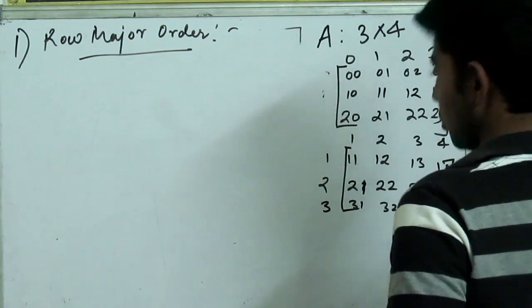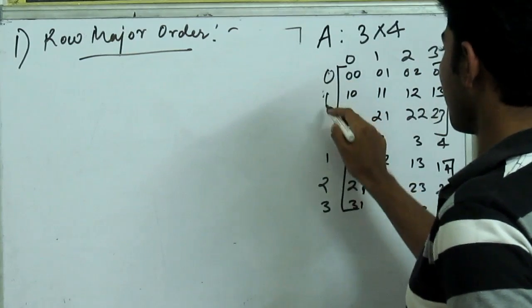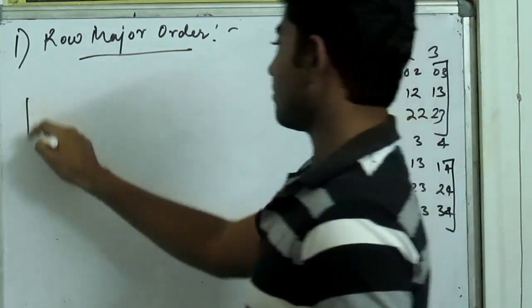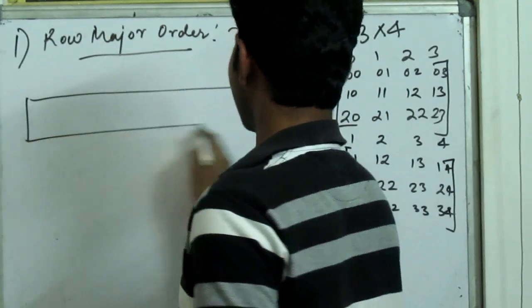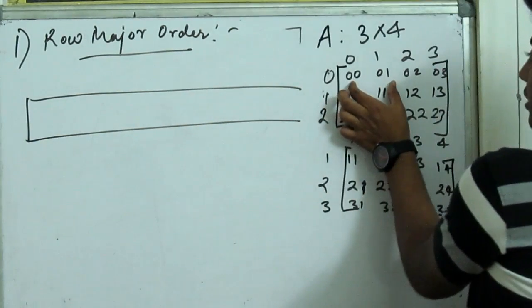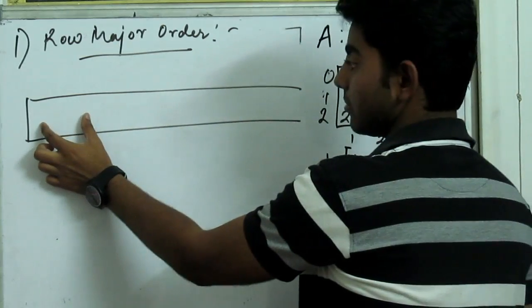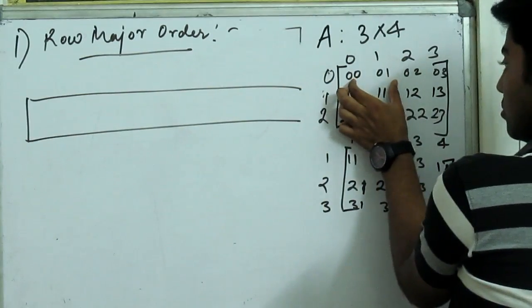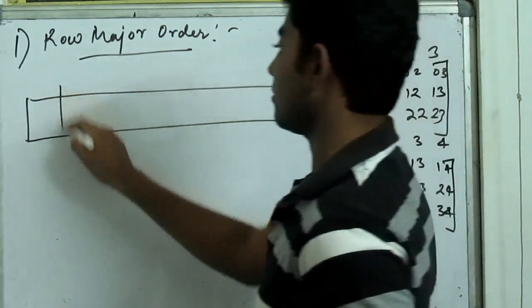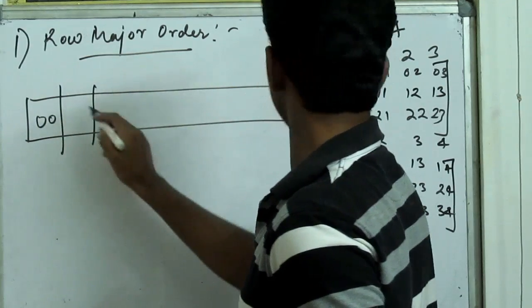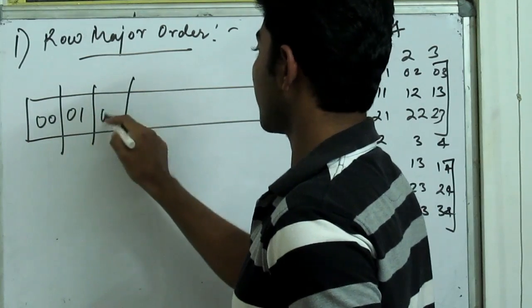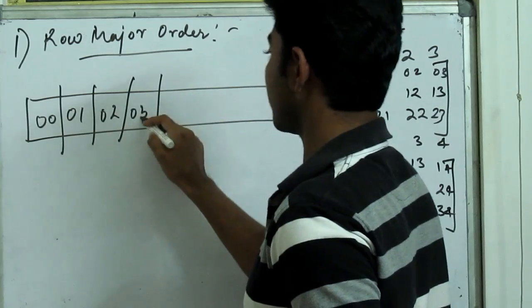Row major order tells us that in the memory you take each and every row and put it inside the memory. So what will it become? It becomes 0 0, 0 1, 0 2, and 0 3.